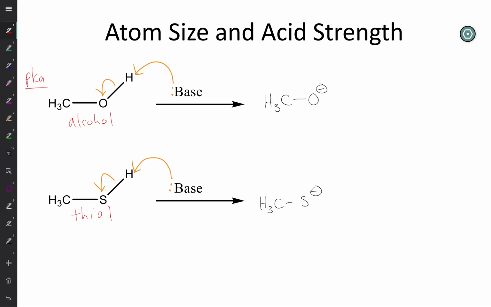So the first one should have a lower pKa value because it's more likely to lose H+. Take a look at your pink sheet. pKa value for an alcohol, we already said was about 16. pKa value for a thiol is about 12. So this doesn't follow the expected electronegativity trend, right?